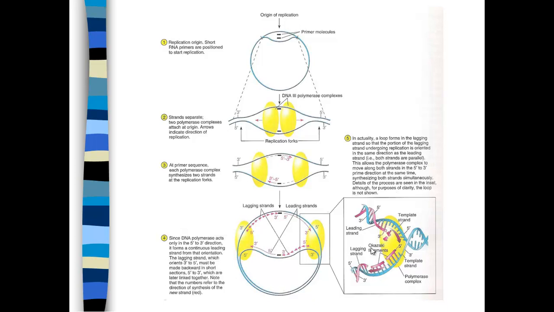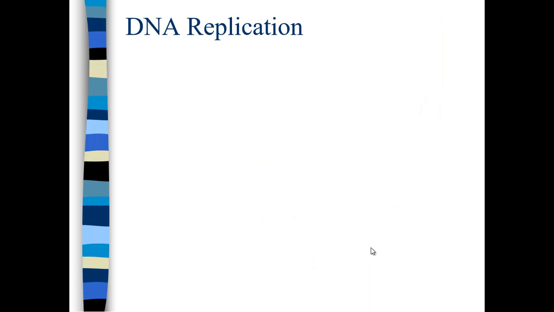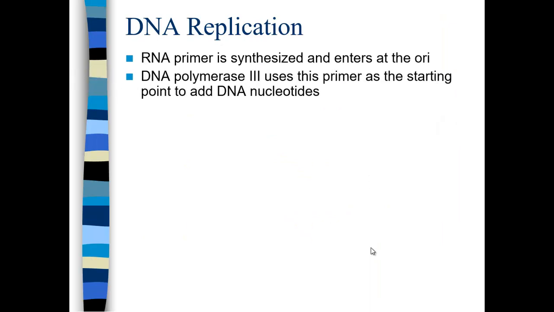So on the leading strand, you have DNA polymerase III that goes from 5' to 3' and replaces a single nucleotide at a time. On the lagging strands, the DNA is populated with Okazaki fragments, and the Okazaki fragments are put together using DNA ligase. So the RNA primer is synthesized and enters at the ORI.